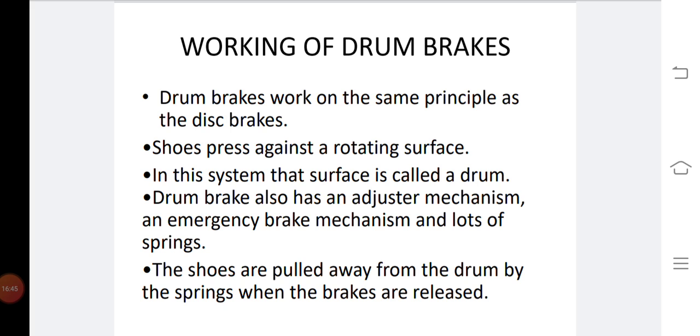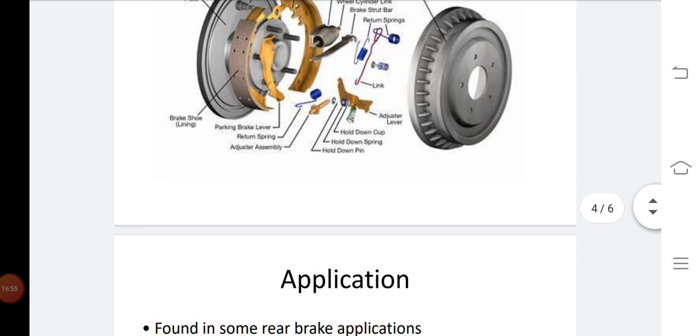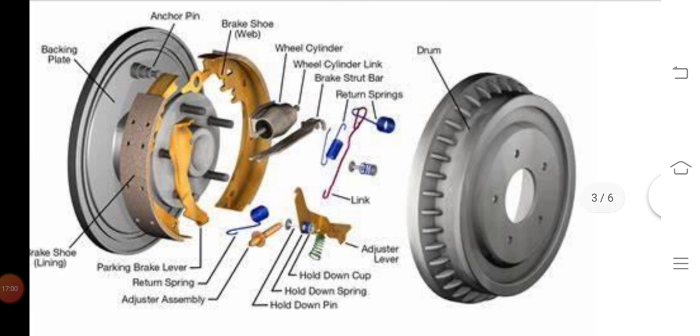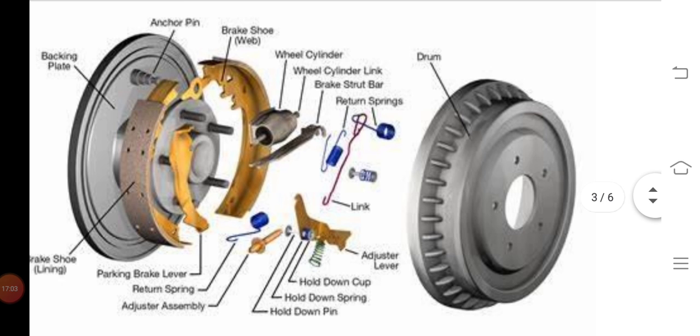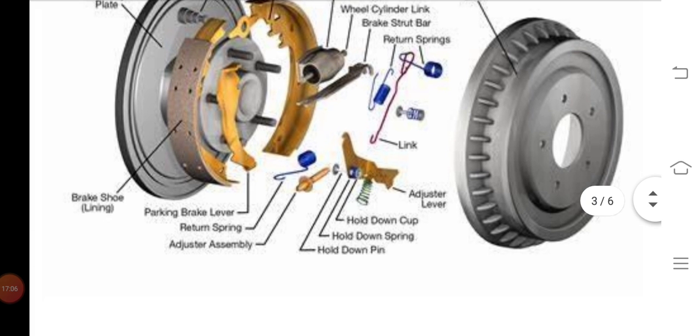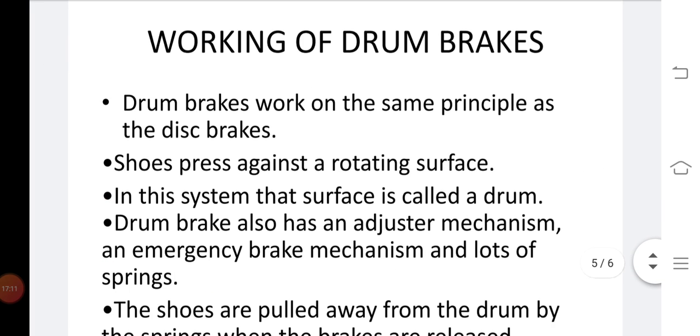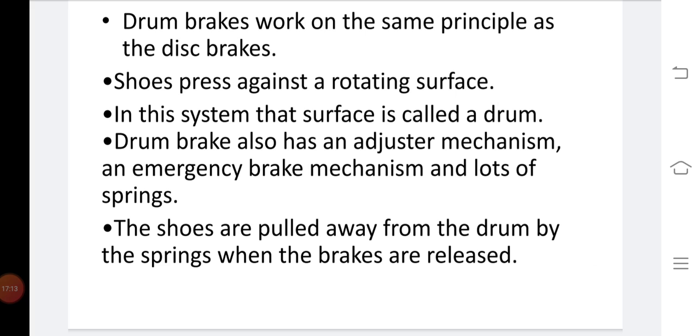Drum brake also has an adjuster mechanism and an emergency brake mechanism and a lot of springs like retainer springs, pressure springs, return spring, adjusting lever. So these are the components used in the drum brake. The shoes are pulled away from the drum by springs when the brakes are released.